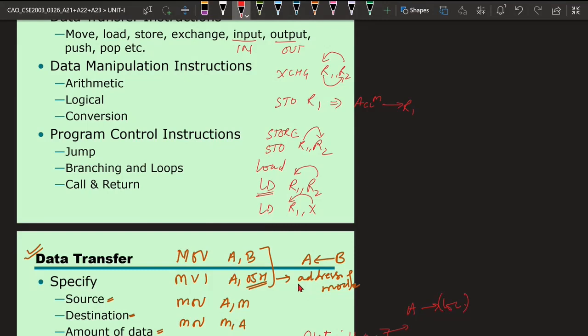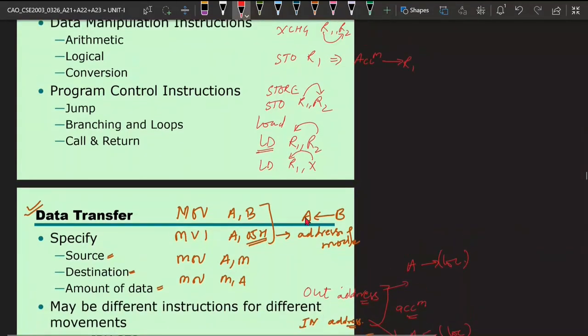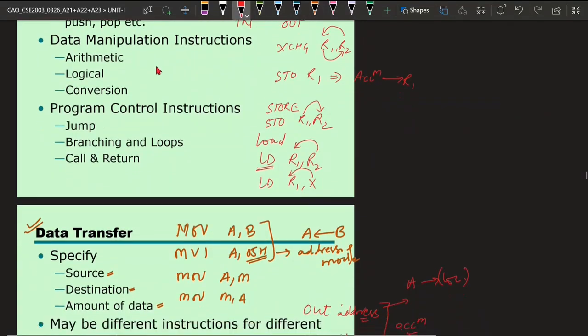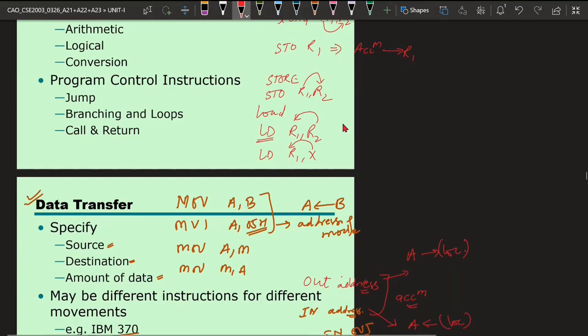So these are the input and output related operations we have already seen, and now push and pop. Push and pop are used in case of stack related operations. There will be a stack memory. If we are going to use the stack for instructions, we will be using only pop and push.